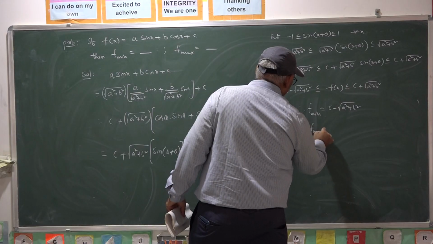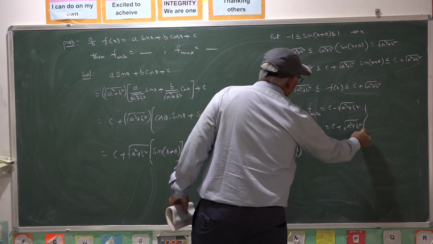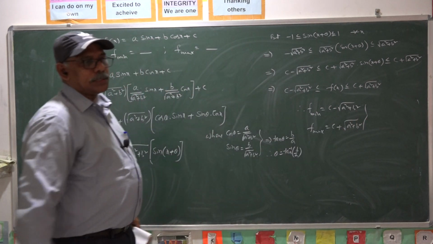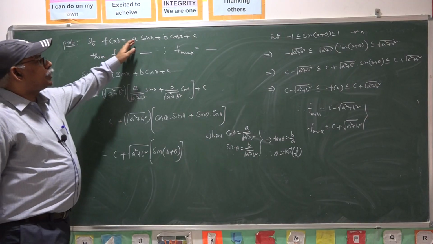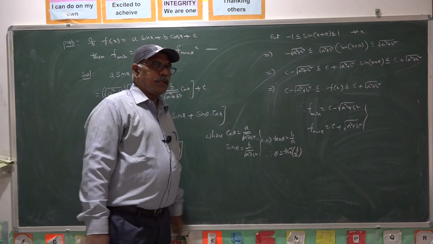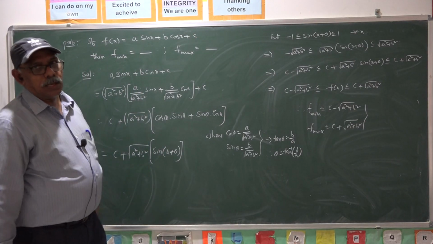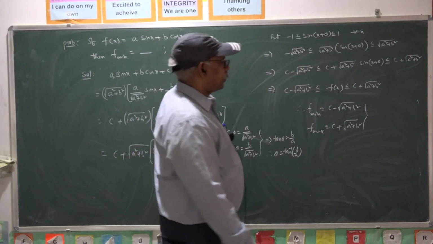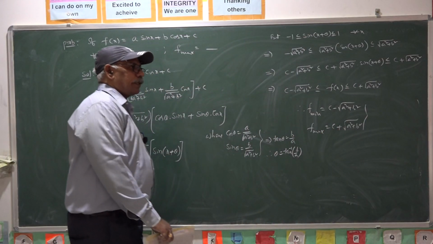F maximum is c plus root over a square plus b square. You can take them as results, as formulas, especially when the function is in this form a sin x plus b cos x plus c. Then immediately you can find the minimum and maximum values of the function as c minus root a square plus b square, and maximum is c plus root a square plus b square.